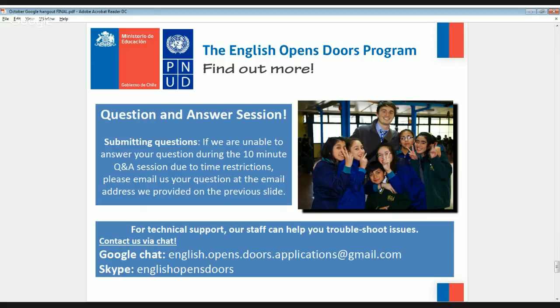But what we can provide is, on our website, if you look under the current volunteers link, we do have a supplemental guide that will give you information on crowdfunding.